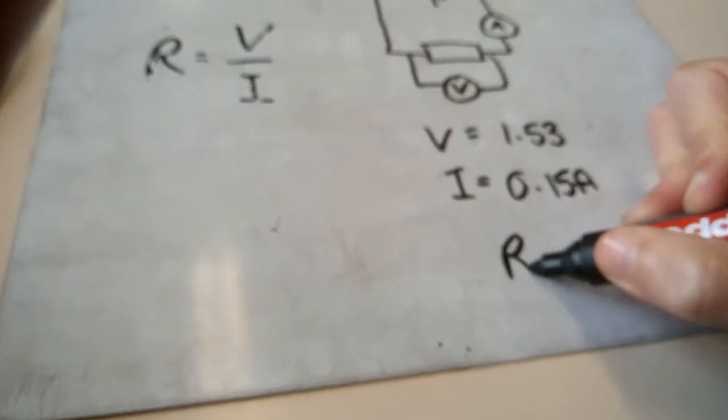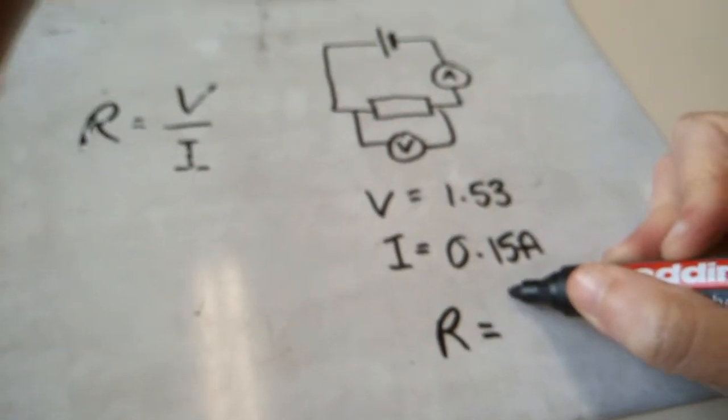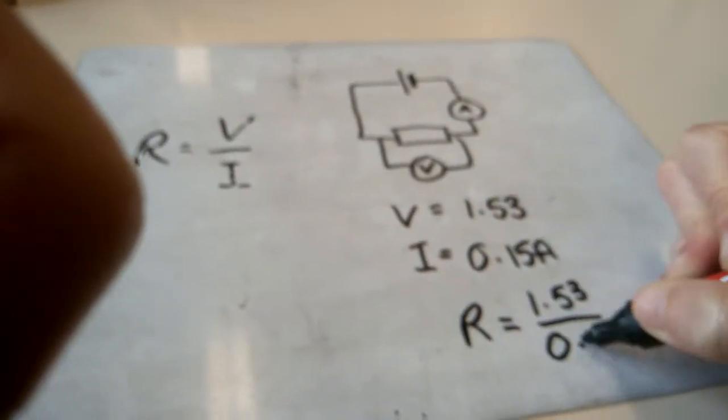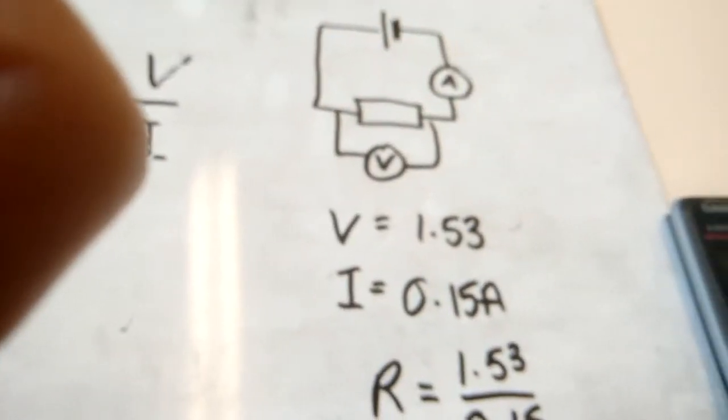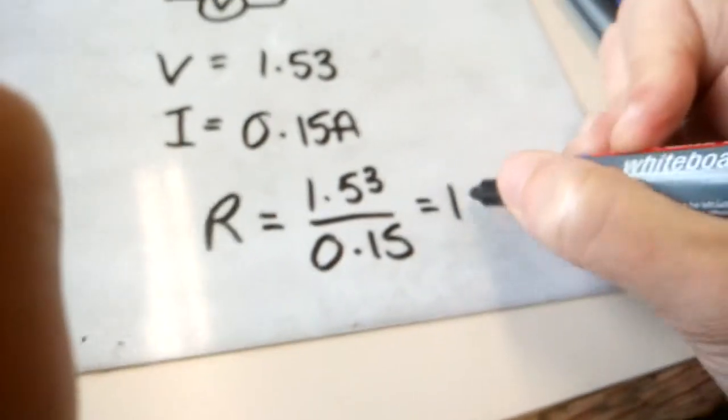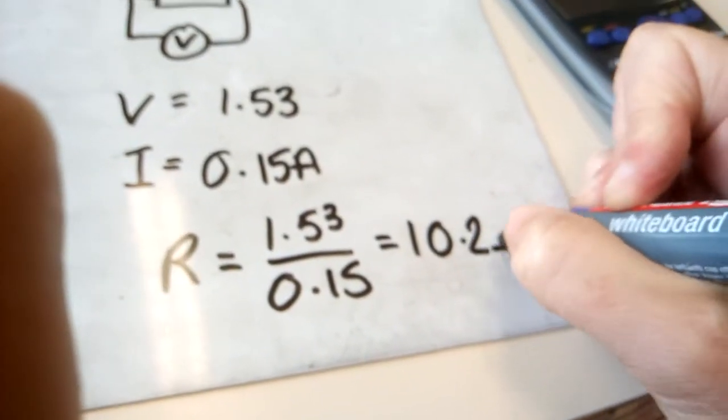So resistance is equal to 1.53 divided by 0.15. Put that into the calculator. And it comes out to be 10.2 ohms. Okay, so the resistance of that, 10.2 ohms.